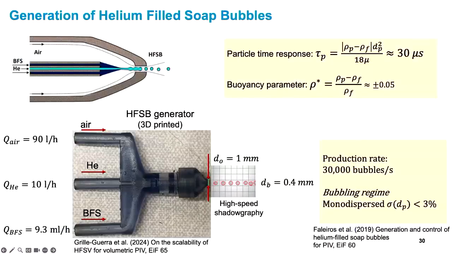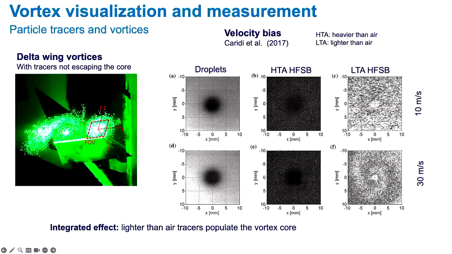These are engineered type of tracers, a bit larger, of course, 0.5 millimeter or 300 micron. And they are filled with helium, and they have a very thin layer of soap, such that the buoyancy parameter is close to zero. And if the buoyancy parameter is close to zero, this means that they will act neutrally with respect to the streamlines. Yeah, these are experiments, these are the droplets, and these are the helium-filled bubbles.